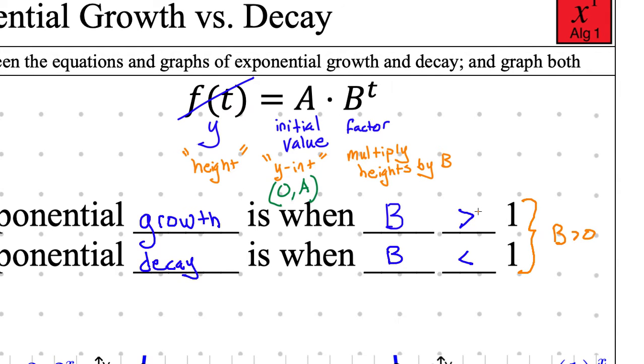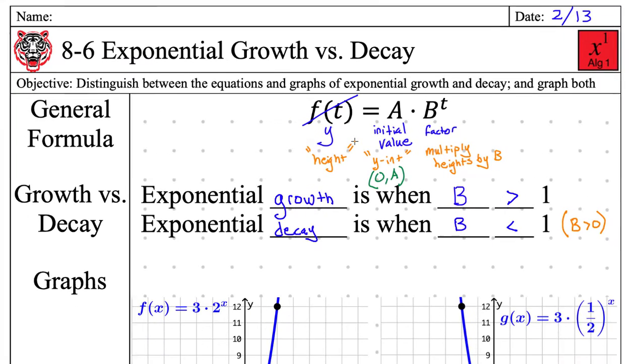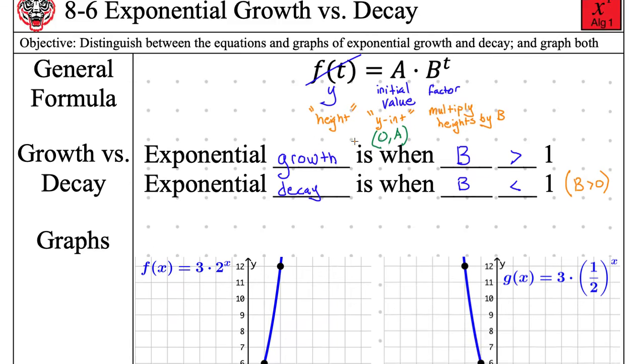Obviously, if you're greater than 1, then you're greater than 0, so maybe you just have to apply it to this one. Capital B has to be greater than 0, because otherwise you'll have a negative factor and weird things happen. But for now we're always going to have positive factors. In fact, almost all through Algebra 2 that's going to happen as well.